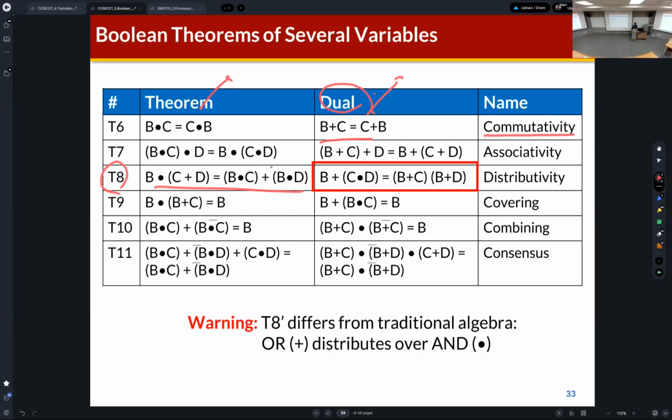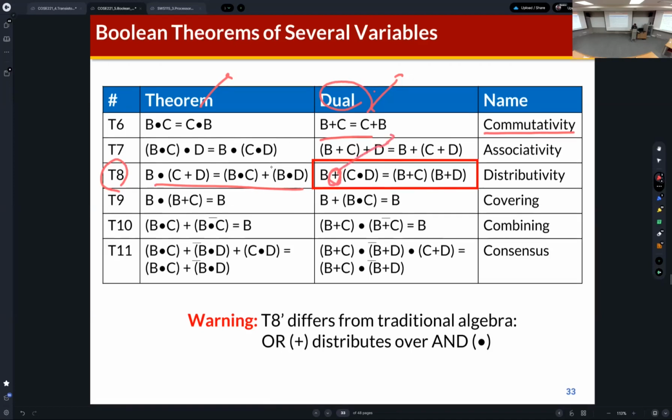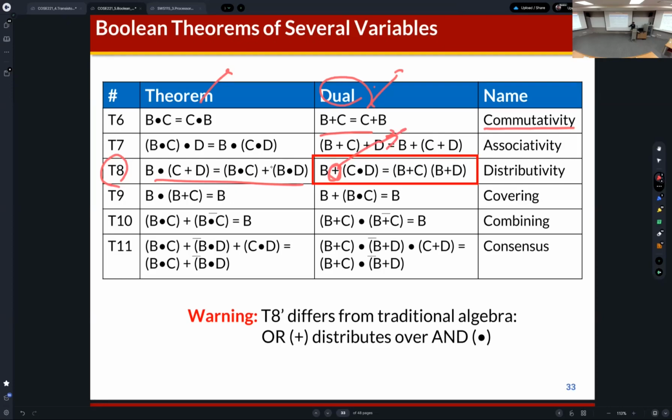Why is this different from the real algebra? It is because this is not real addition. This is just an OR gate. It's not addition, okay?